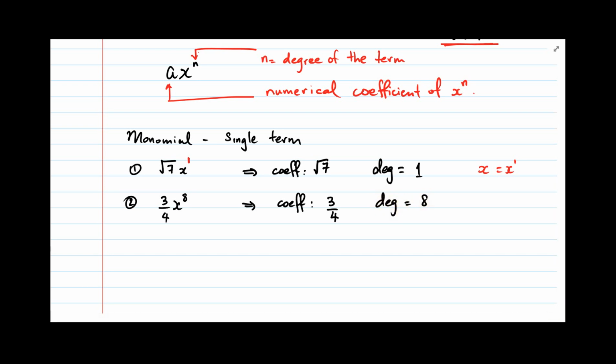Do recall that there are several ways that I could write this, equivalent forms. I could have written 3x to the 8th over 4.